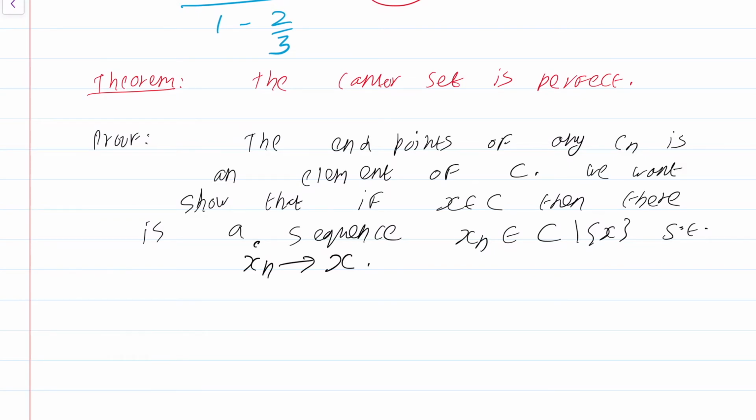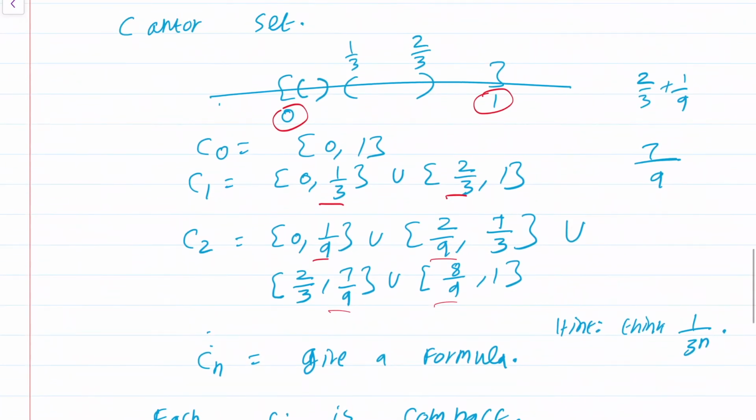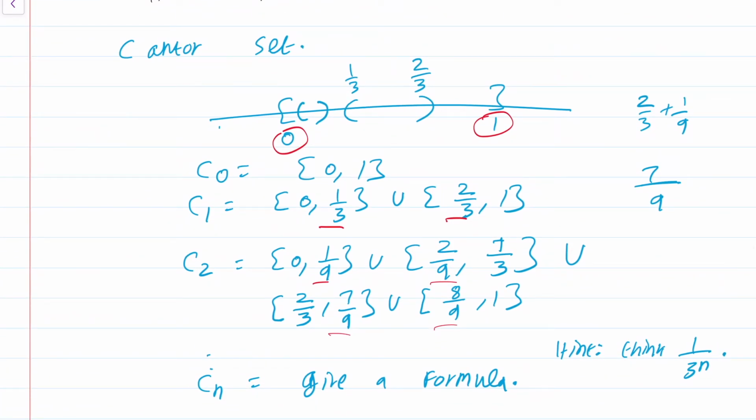Well, let's go step by step. Let's look at this picture again. This point x has to be in C1, right? It's either there in [0, 1/3] or it's there in [2/3, 1]. There are only two possibilities for this. Now, if it happens to be in [0, 1/3], there are three possibilities.